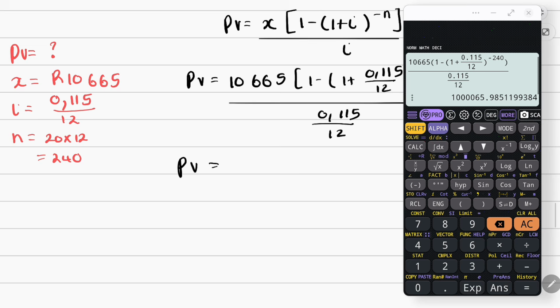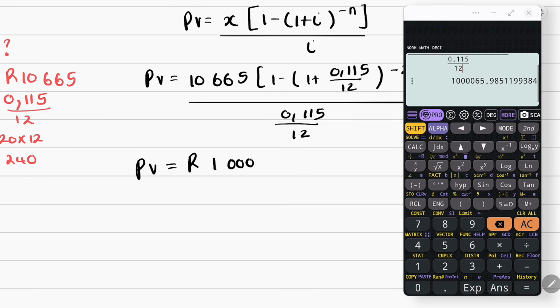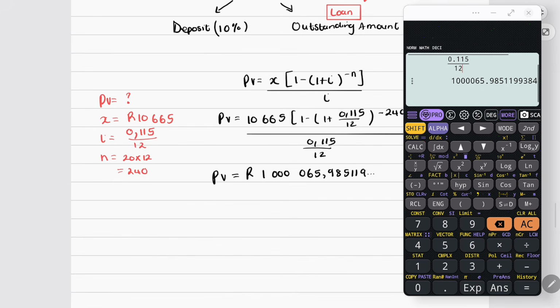Okay, so this is the outstanding amount. I mean, it's not the final answer, so I don't think I'm going to round off yet. But it is 1,065 Rand, and then we have 9,851. Okay, so I'm just not going to round off yet.